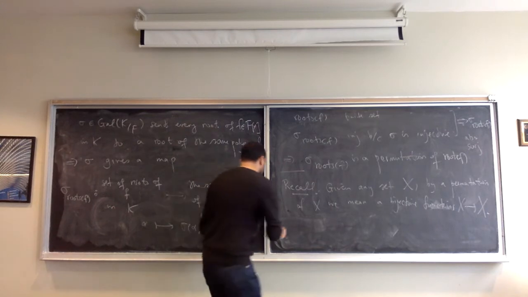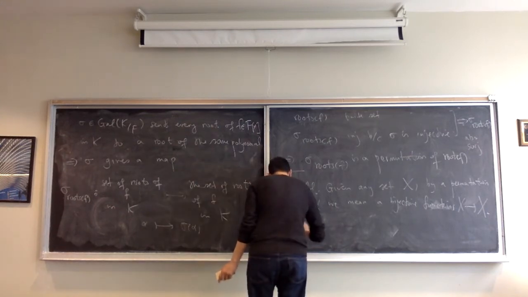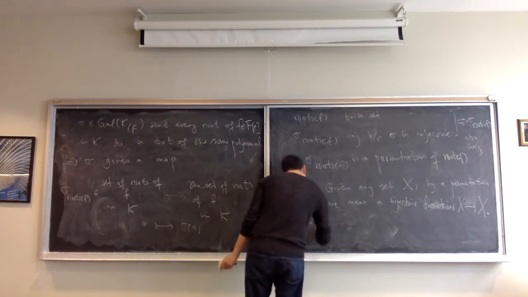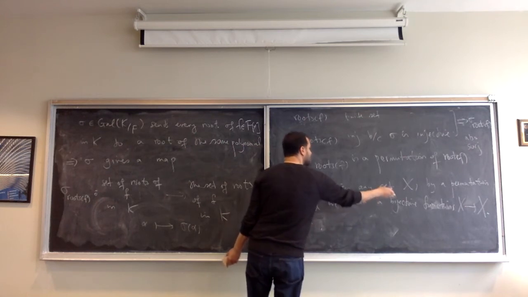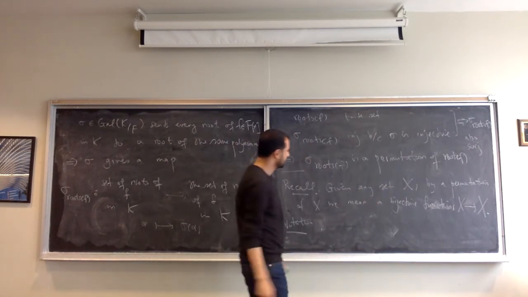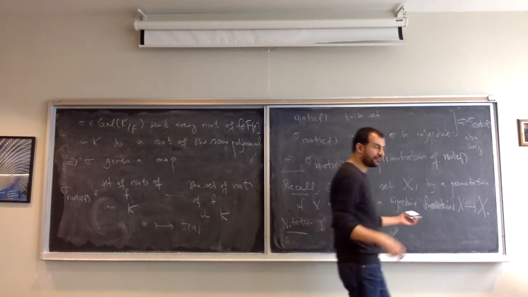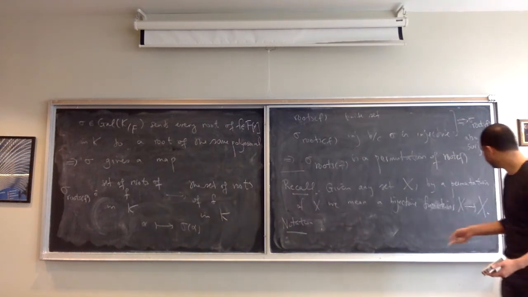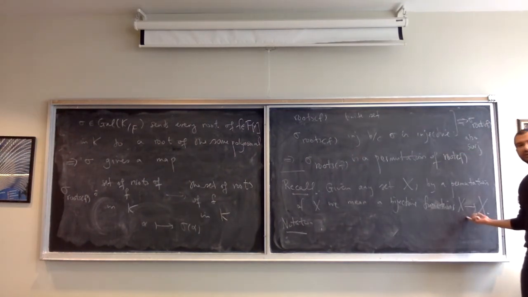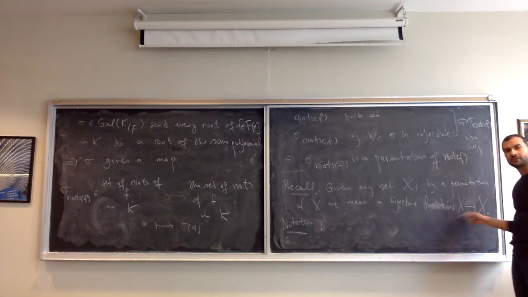Now, let's also introduce a notation here. Remember the set of all permutations of x, they form a group under composition. If you compose two bijective functions from x to x, you're going to get a bijective function from x to x.